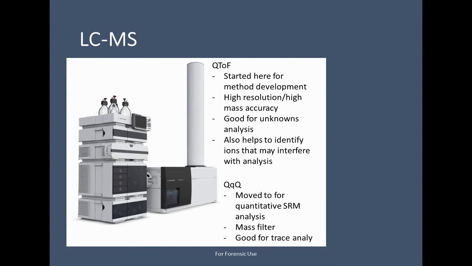During method development, you have to understand the matrix and what is present in the matrix and how that might affect your ion suppression or might affect any other issues relating to how you can analyze your species. And having the ability to use a high-resolution platform might allow us to identify other metabolites that could be interfering with our method, so that we could go back and try to pull those metabolites out, either by modifying the extraction mode or by modifying the chromatography to help reduce that kind of background.